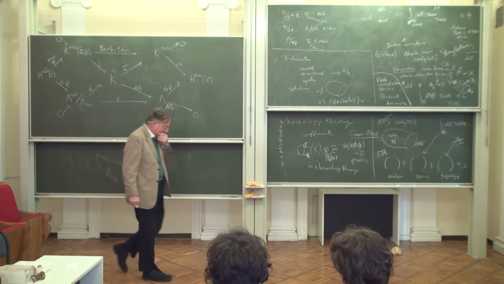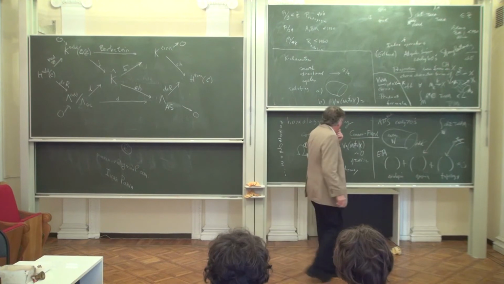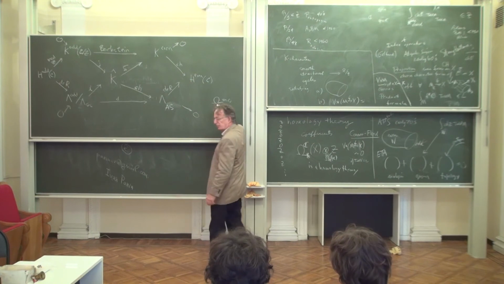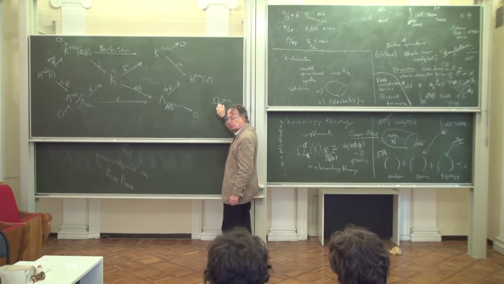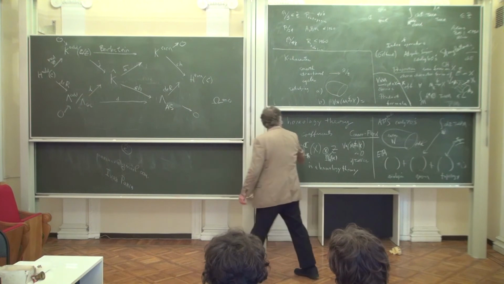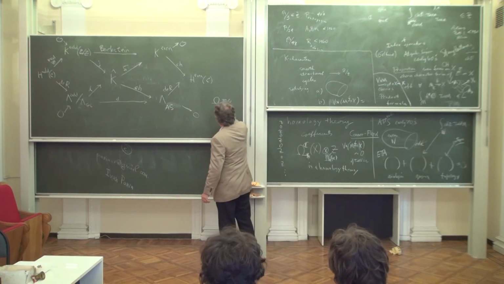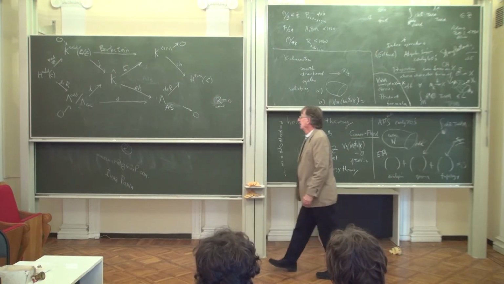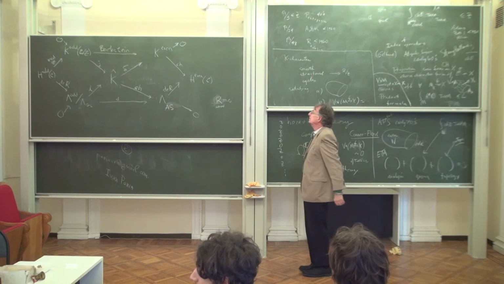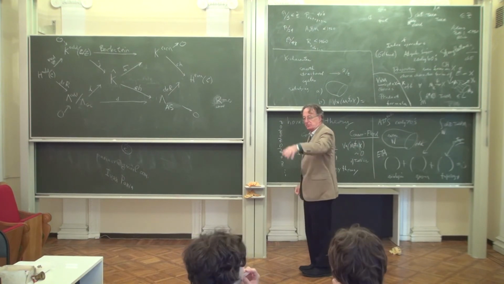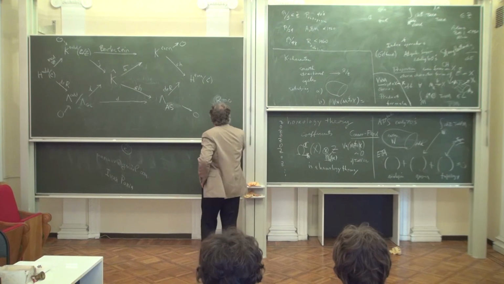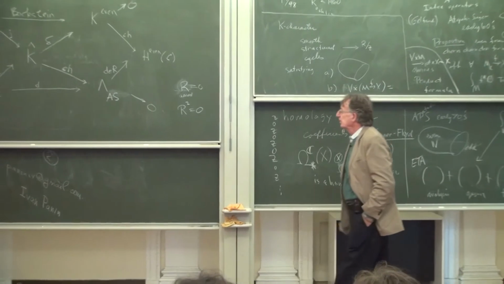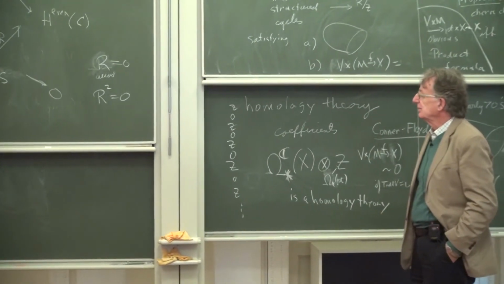Then I remember Kontsevich pointed out, well, of course, we know that if the curvature, what you usually call R, is 0, that means it's a flat bundle, given by a representation. And then I think Kontsevich pointed out that this makes sense too. This has invariant meaning. So you can talk about that.